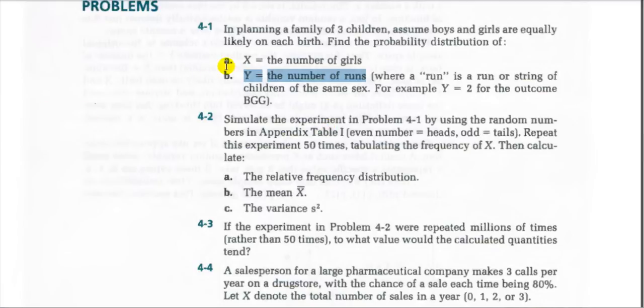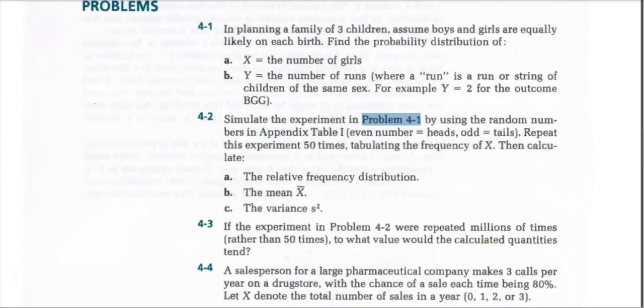Actually, this doesn't quite make sense. It says even numbers equals heads, but this is not about heads. So I'm a little bit confused here. Well, actually, this seems not correct. The reference to problem 4.1 doesn't seem to make sense. Maybe he's talking about some example 4.1. Well, I'm not sure about this actually.